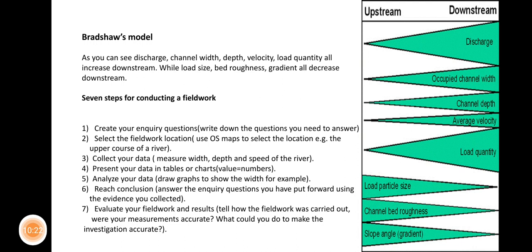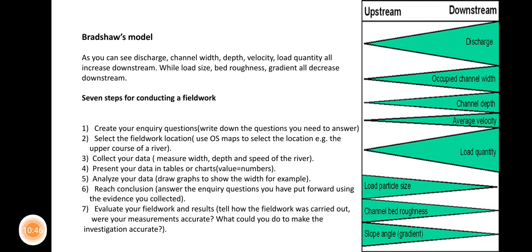And you need to evaluate your field work and the results. Are the results accurate? Tell where the field work was carried out, and what kind of measurements you used, and how the field work was carried out, and were the readings or the measurements accurate?